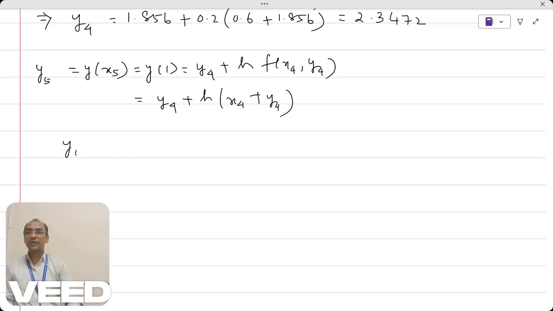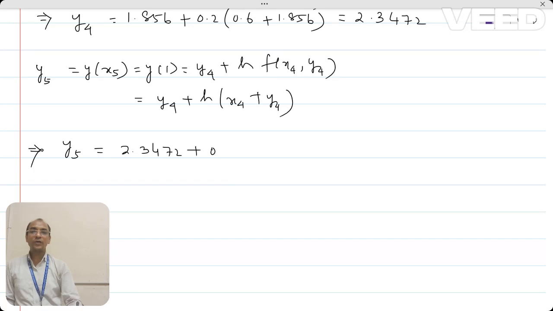And then if we put the values, the recent value of y4 is 2.3472, plus 0.2 into x4, which is nothing but 0.8, and y4 is nothing but 2.3472.